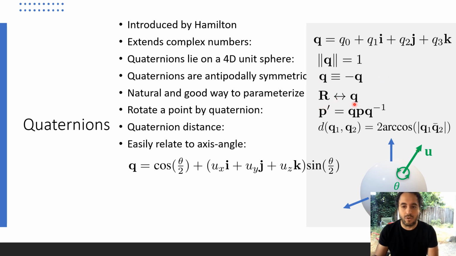Given a rotation matrix, I could go to the quaternions, and I could define a rotation in the rotation matrix, like R times x, or with the quaternions using such a quadratic product. And then I can define a geodesic distance on the quaternion manifold as a simple arc cosine operator. And there is a strict relationship with the axis angle representation, where Q0 is encoding the cosine of the angle, and the rest of the quaternion is responsible for the axis scaled by the sine of the angle.